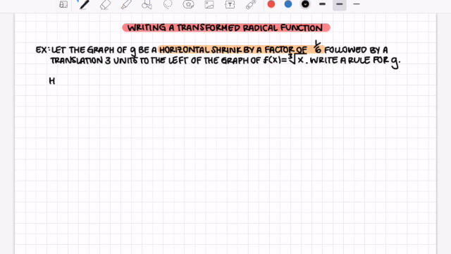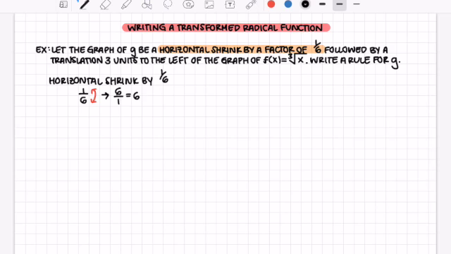So I'll write right here, we're looking at a horizontal shrink by 1/6. And again, reminder, horizontal means you've got to flip your fraction. So instead of having 1/6, because it's horizontal, you have to flip it so that instead you get positive 6/1, which is just 6.